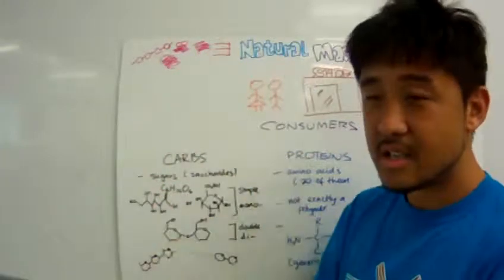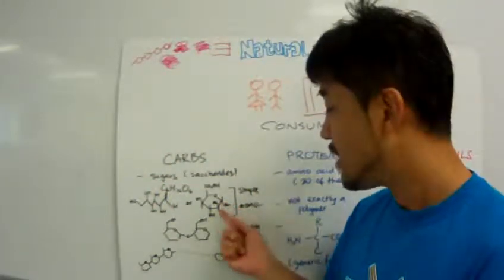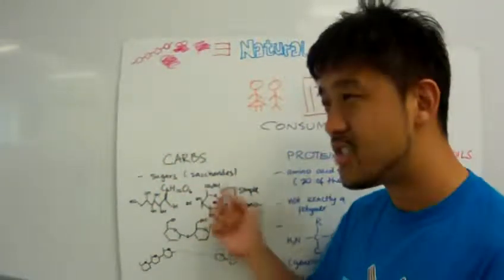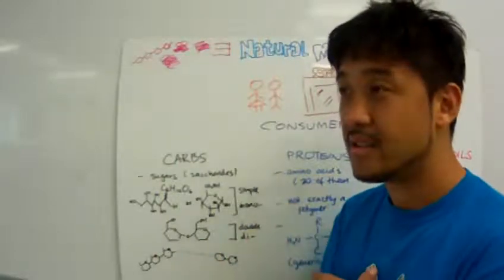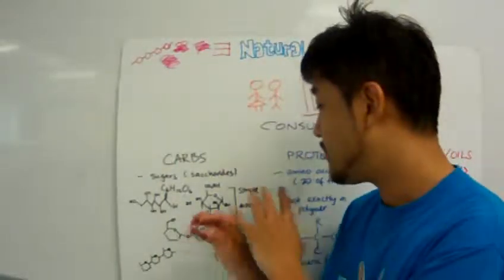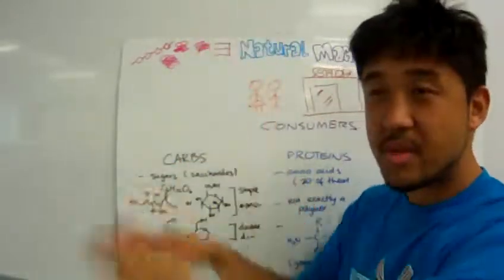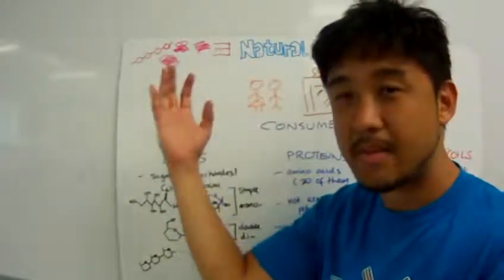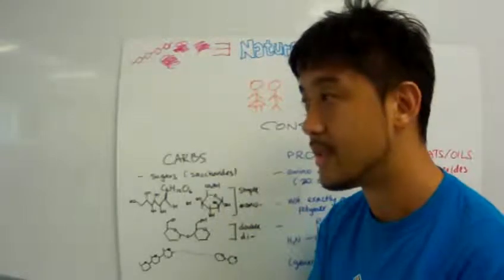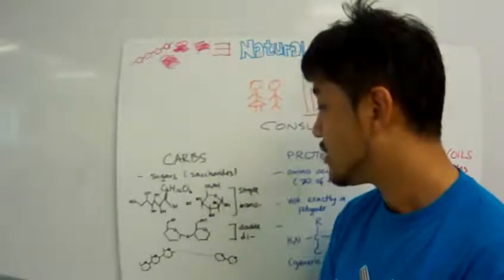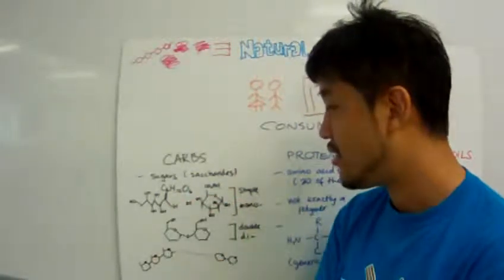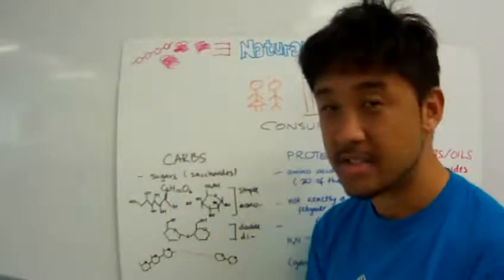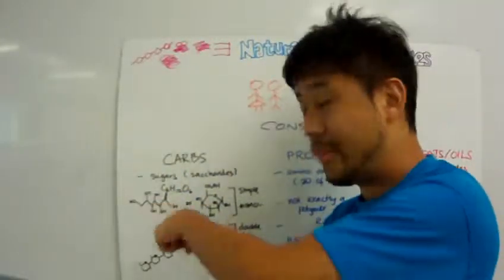And it's interesting to point out that it doesn't really matter where the OH is. Well, it kind of matters, but not for now. The OH, depending on where it is, will determine its chemical properties and stuff like that. So these simple sugars are known as monosaccharides because they only got one unit.